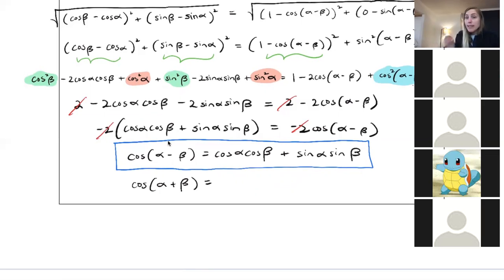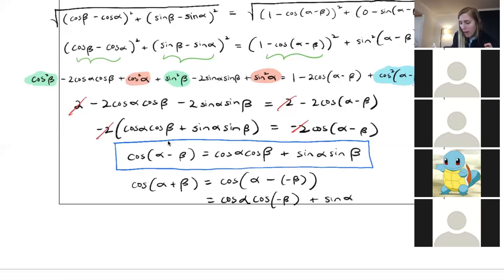Cosine of alpha plus beta can also be thought of as cosine of alpha minus negative beta. If we apply the identity that we just derived, but replace all of the betas with negative beta, we would have cosine alpha cosine negative beta plus sine alpha sine negative beta.